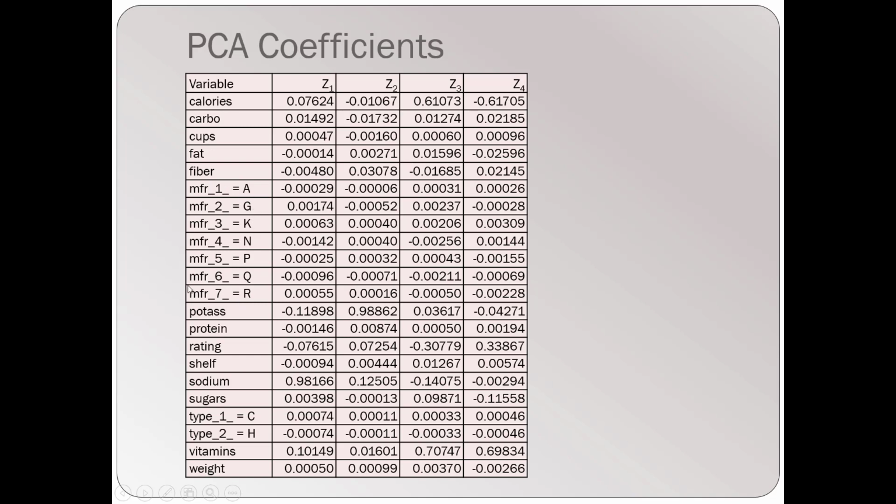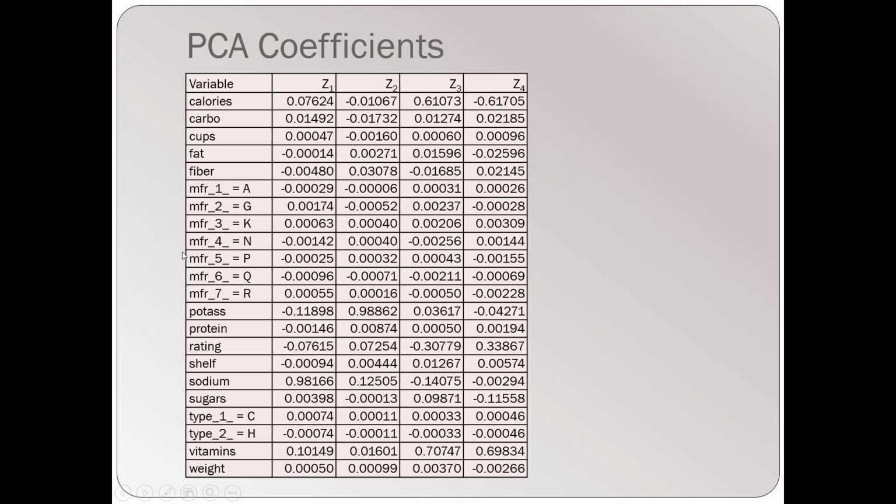These are the dummy variables generated for manufacturer. These are the dummy variables for cold or hot. You see most of the values are very small, and suddenly there is this sodium with very high values. So sodium is dominating all other variables in terms of finding the value of PCA.